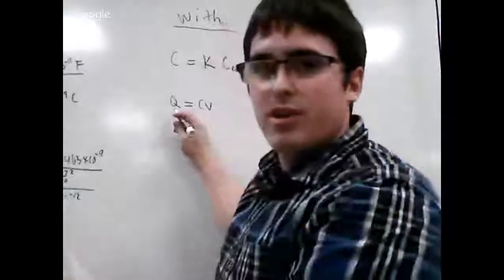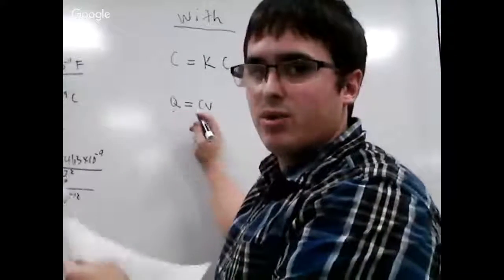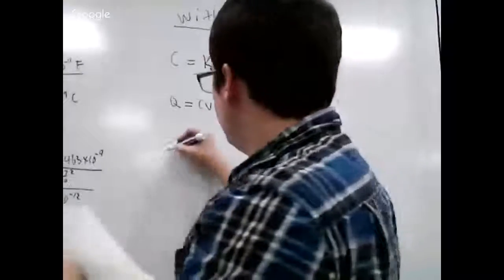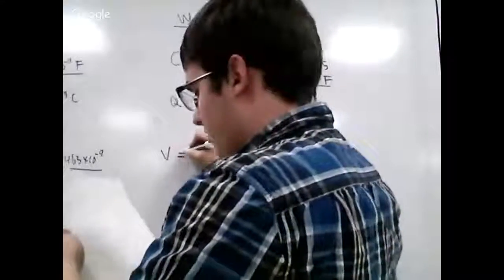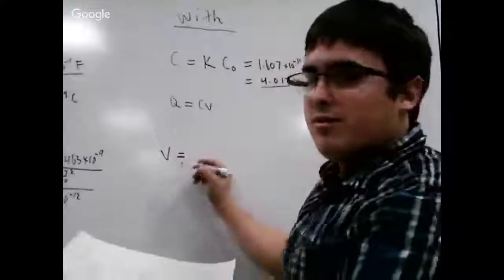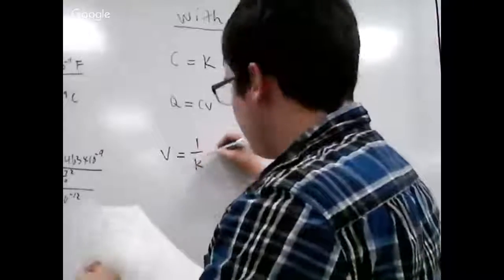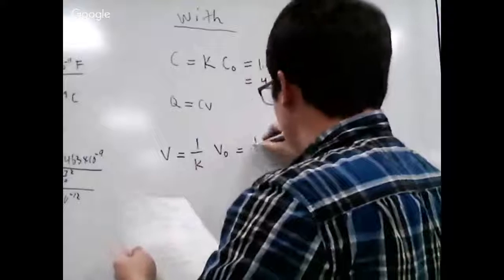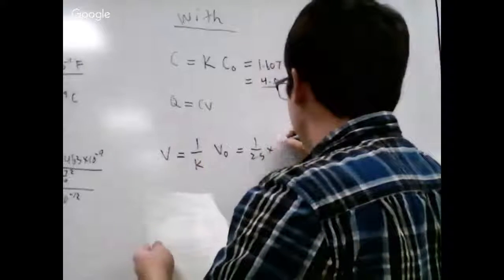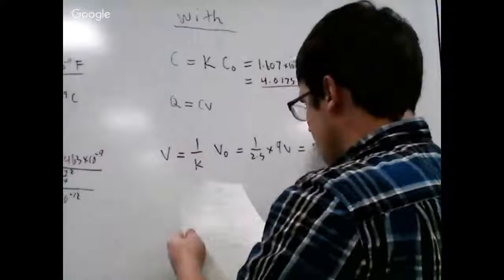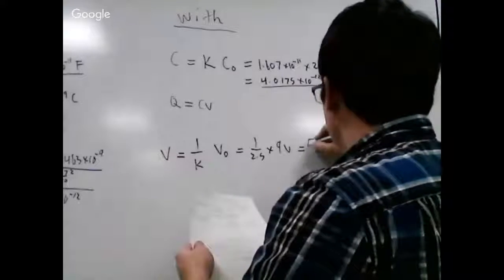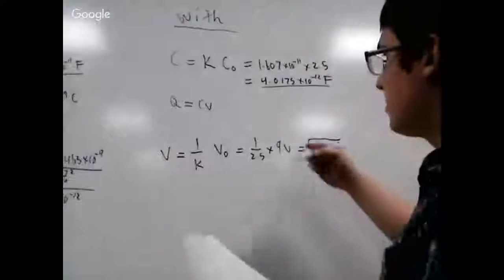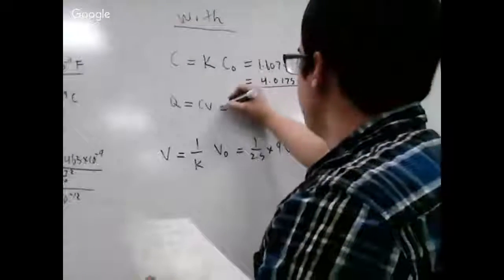But before we find our charge, I'm going to find our voltage since we need that. This equation comes out of the video as well: the new voltage is 1 over K times the original, which is 1 over 2.5 times 9 volts, giving us a voltage of 3.6 volts. So that's our new one. We can plug that in up here.